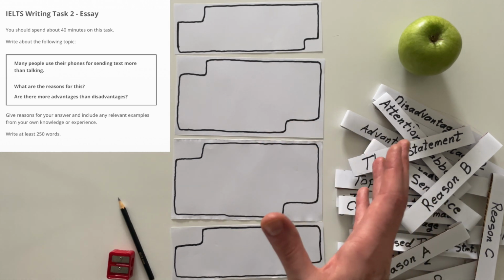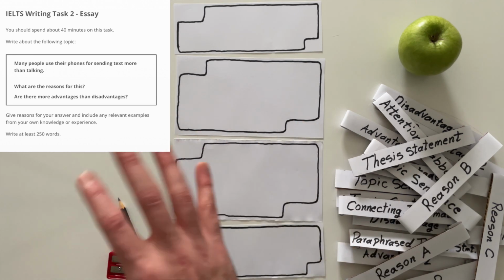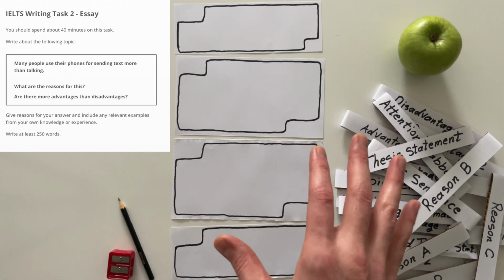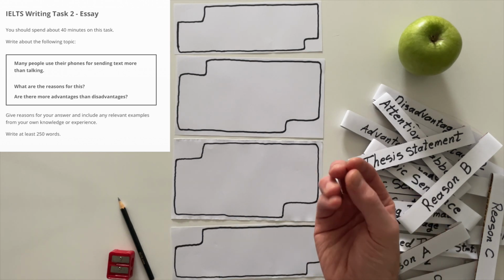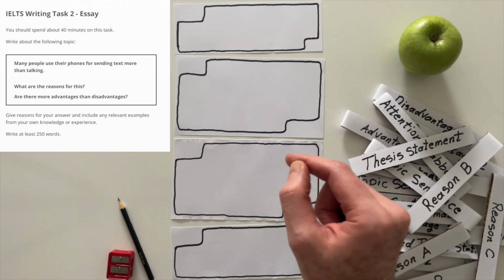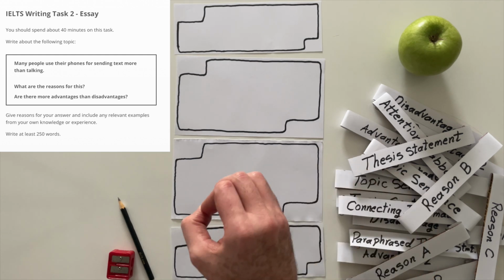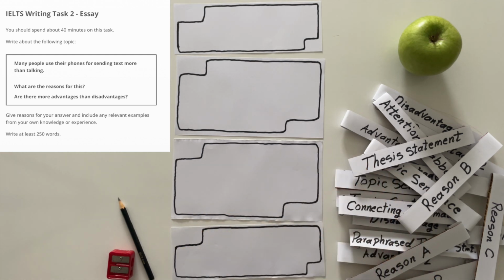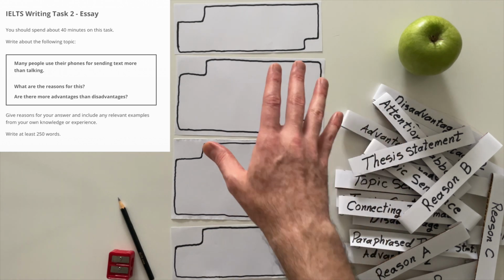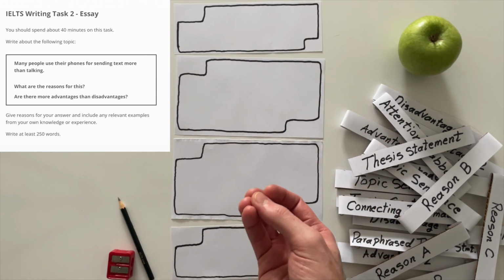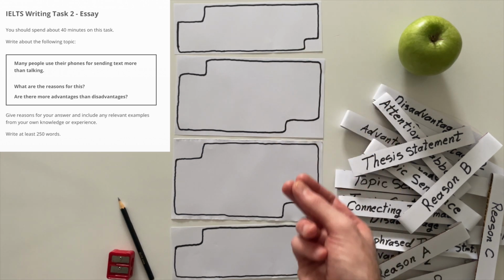Doesn't matter if advantages are more or disadvantages are more, they're equally valid. Our job is to give a clear answer that yes, this is something that has more advantages than disadvantages, or vice versa.